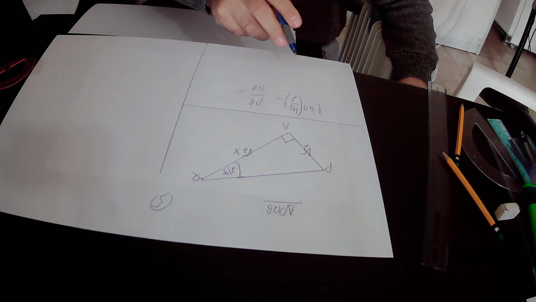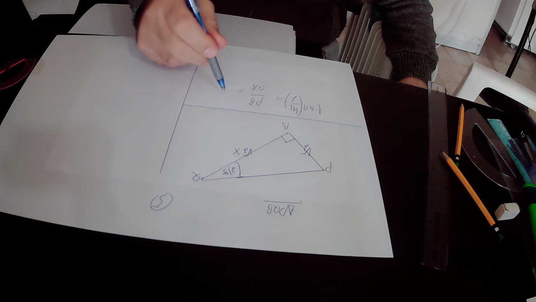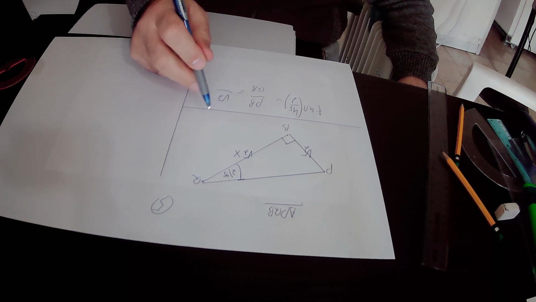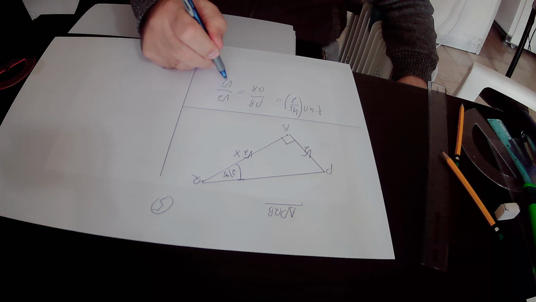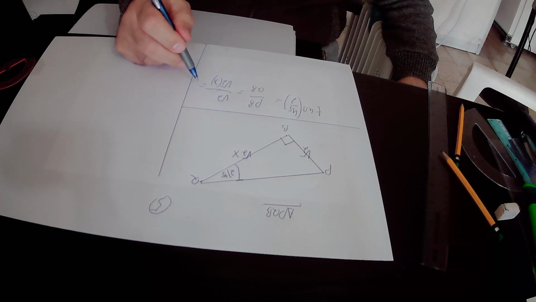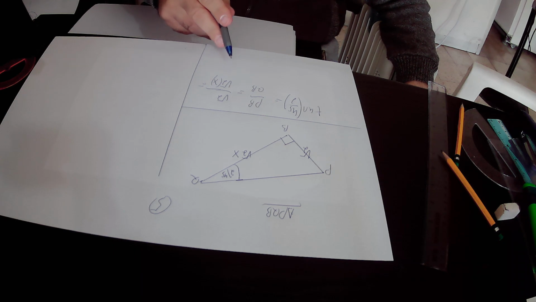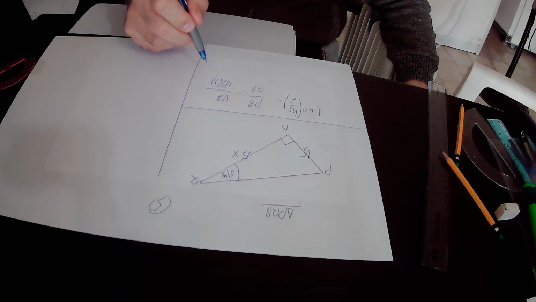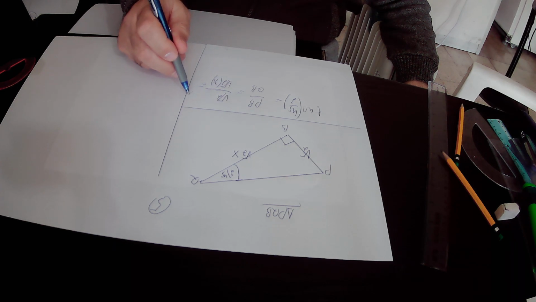So tangent 45 degrees over 2 equals to PB, that is square root of 2, over QB, that is square root of 2 times x. So we have square root of 2 in the numerator and square root of 2 in the denominator, so square root of 2 will get cancelled. And we are left only with 1 over x.